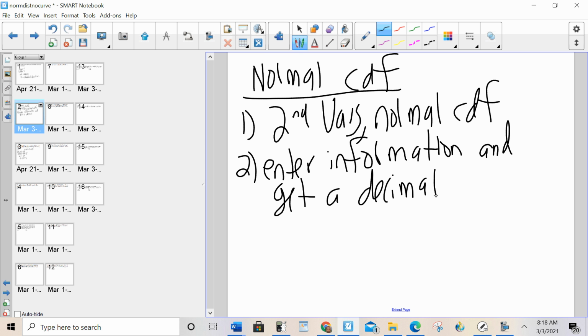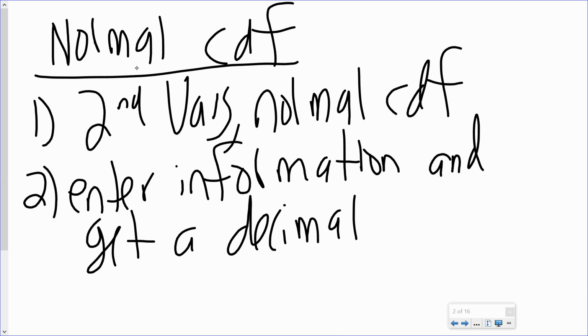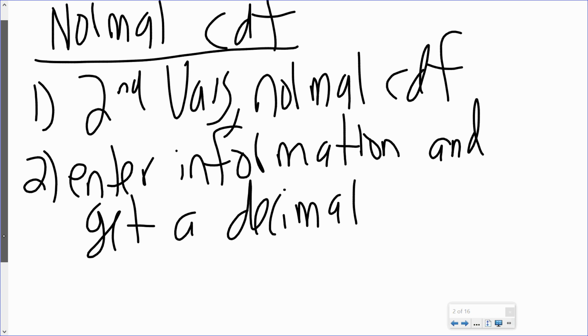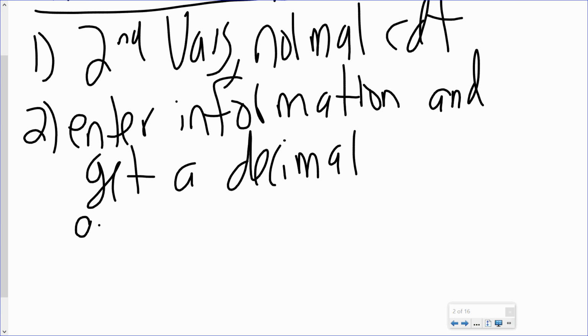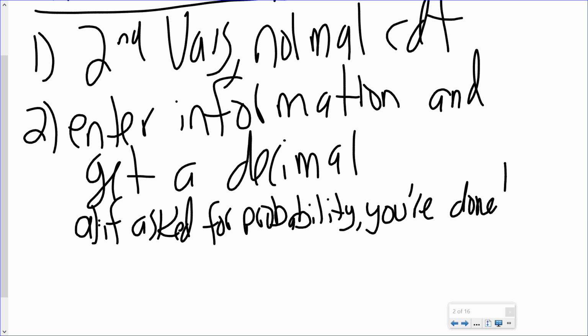Now from here, there's going to be 3 circumstances. Let's call this A. If asked for probability, you're done. There's no additional step that you have to do.